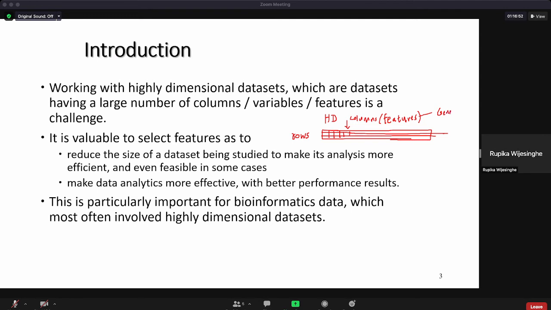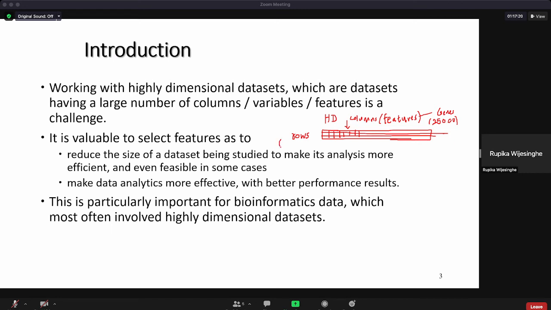So that means if we store features in columns, in the case of human genome expression data, we have 25,000 genes, right? And for rows, we can't take 25,000 patients, no?